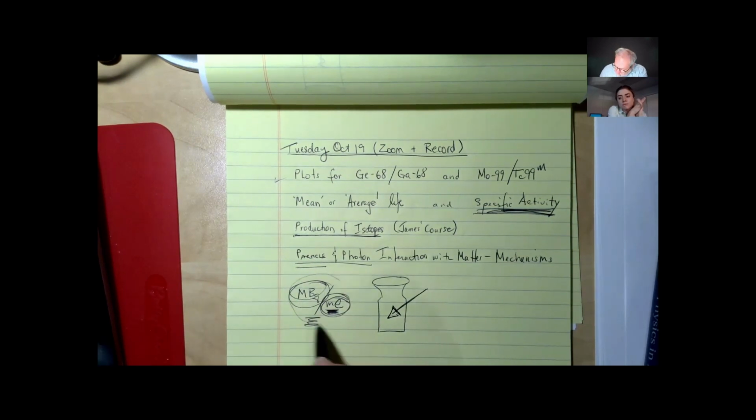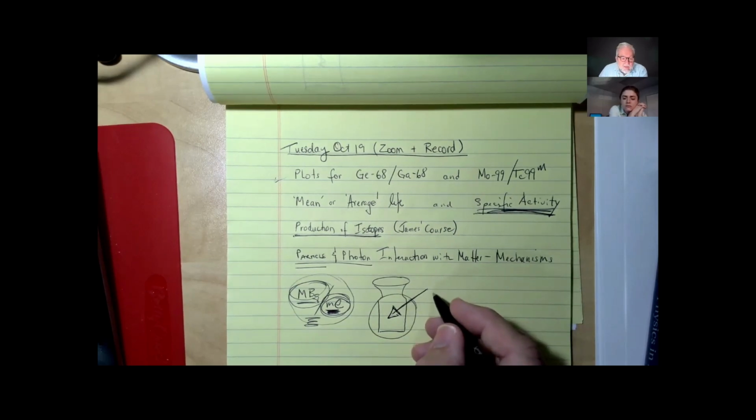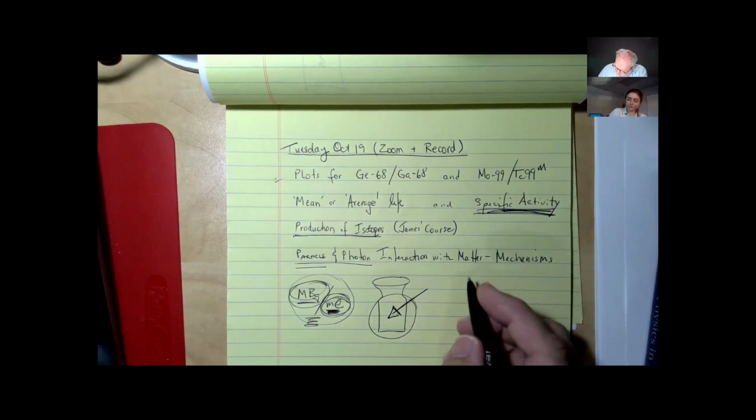So when something is highly specific, there's a lot of activity, little volume, and we often dilute the content to make it easier to draw up the amount of activity.